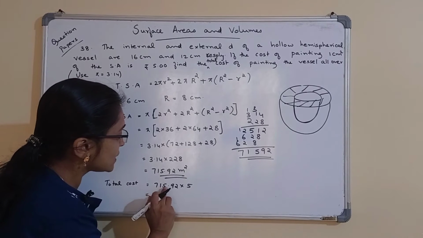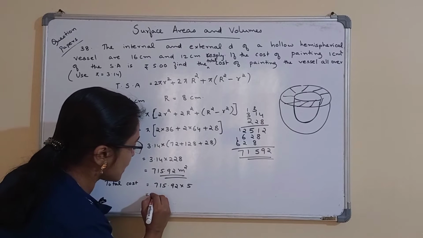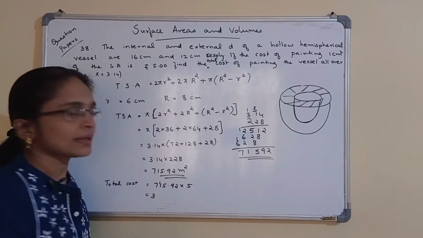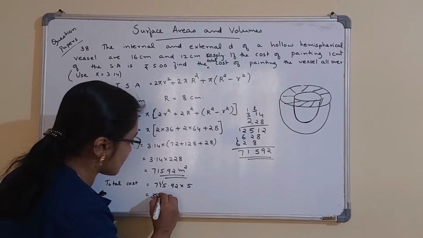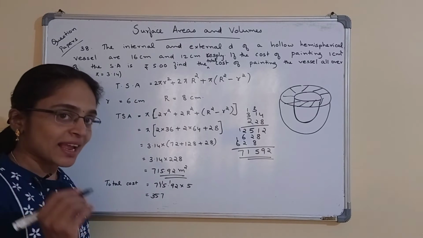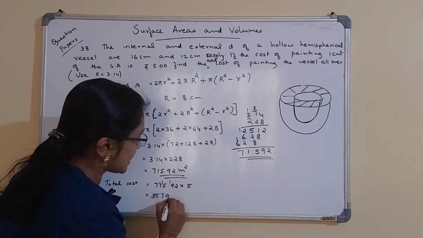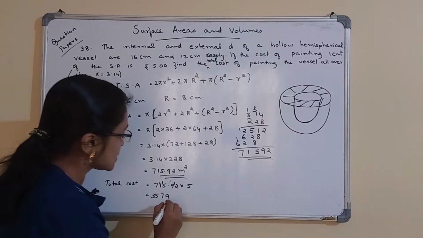So dividing by 2 we will get 7 by 2 is 3, 1 carry, 11 by 2 5, 1 carry, 15 by 2 is 7, 1 carry, then 19 by 2 is 9, 1 carry, 12 by 2 is 6.